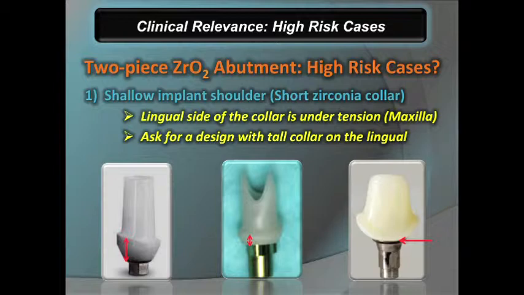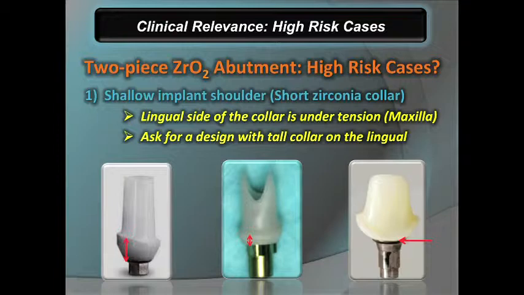Now, is it a high risk using the zirconia abutment in high-risk cases? Are we going to have problems with them when the implants are placed shallow? So the emergence profile is quite short.